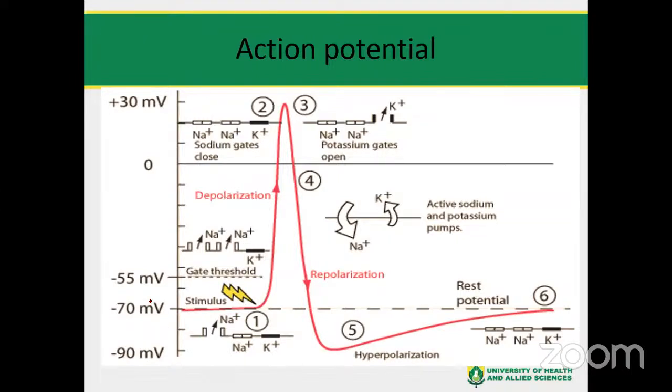Remember I said we have this diagram here. If a neuron is resting, the resting membrane potential is minus 70 millivolts. So this line is the resting membrane potential, that is minus 70.